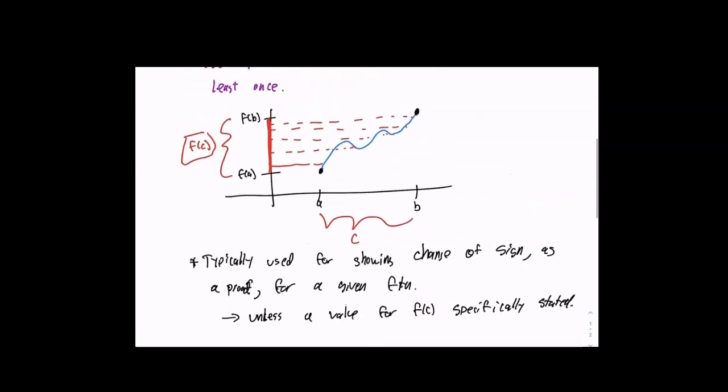And so every single value between f of a and f of b must be taken at least once.